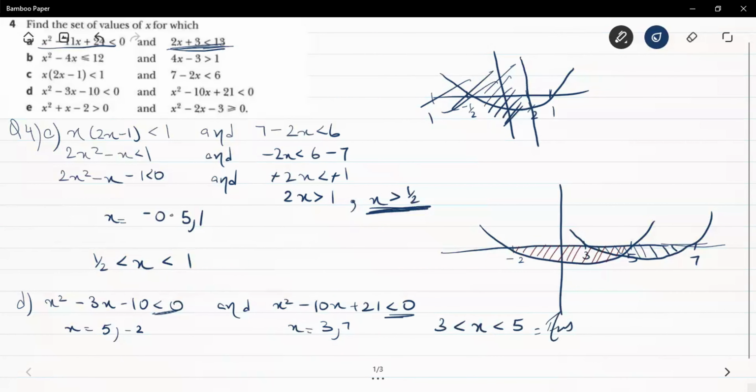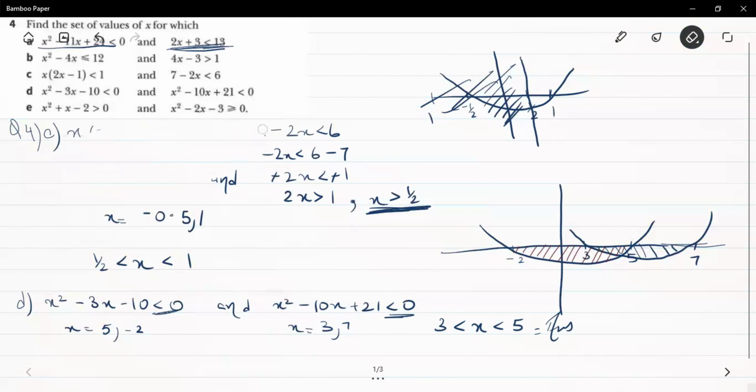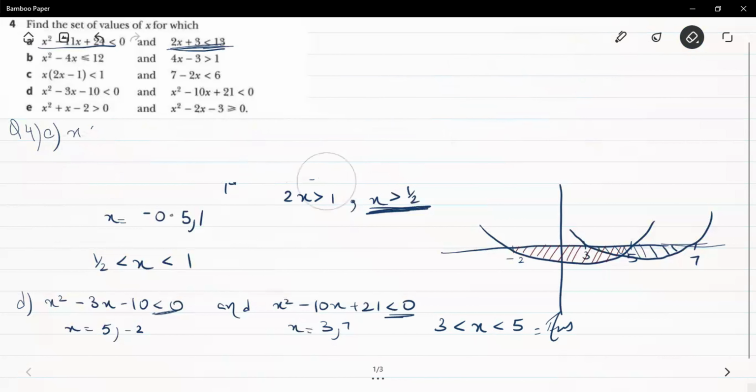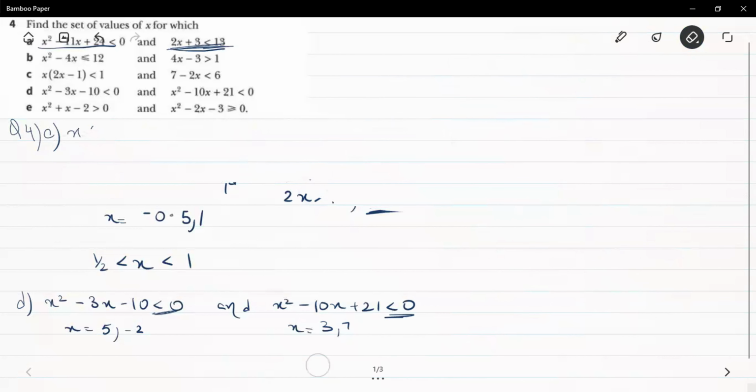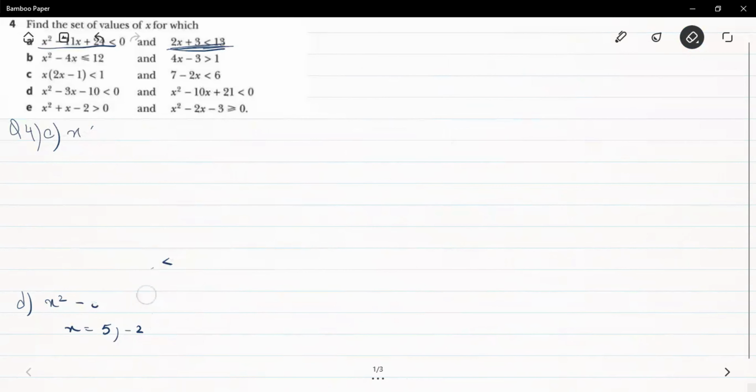Okay, for part E, which is the last part, let me just erase this one, and we have got some space.